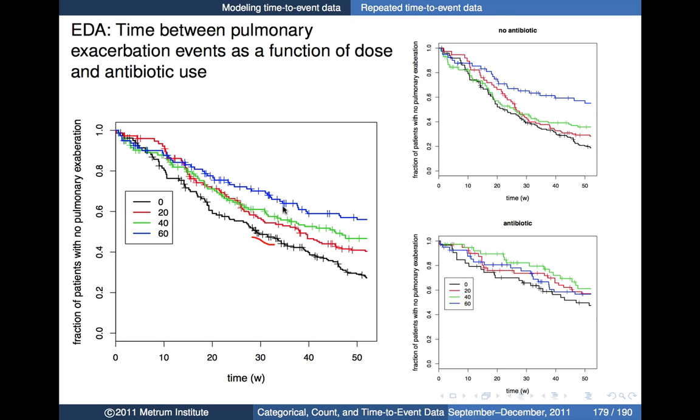And then you can see that at least roughly we've got a dose response going from 20, 40 to 60 milligrams, looking at the overall incidence. And then the two curves on the right are breaking it out between the patients who were receiving no chronic antibiotics versus those who were.